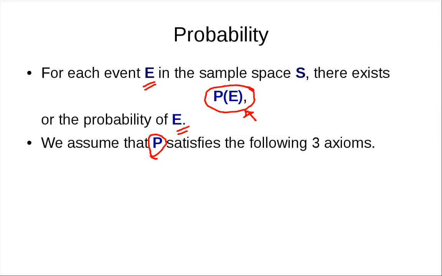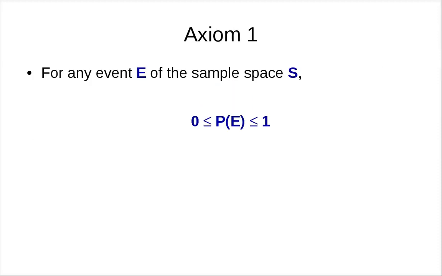We assume that this function P satisfies the following 3 axioms, and these axioms correspond to our notion of probabilities that we have used before. The first axiom says that the probability of any event shouldn't be negative, and should be at most 1. So probability is a number between 0 and 1.